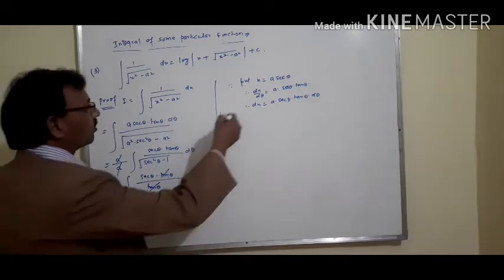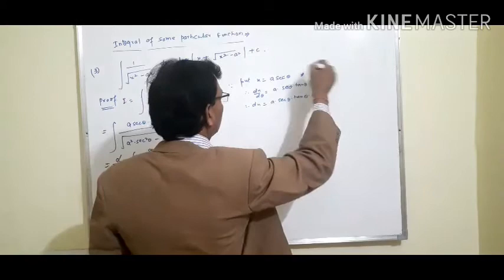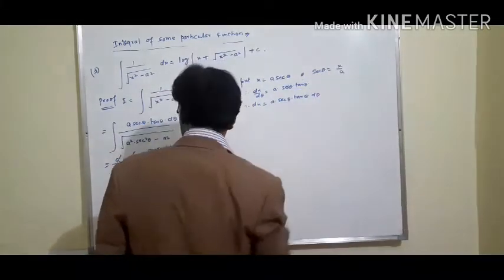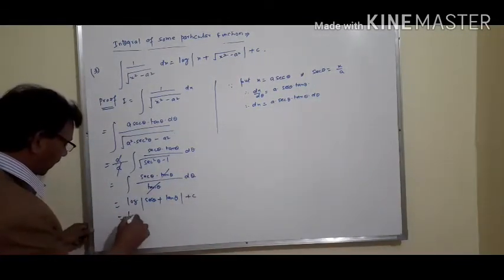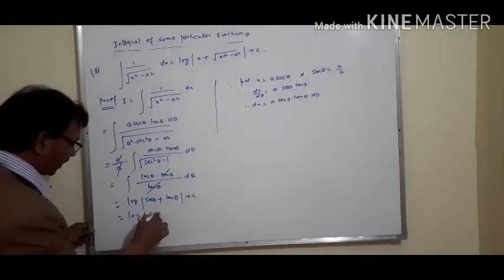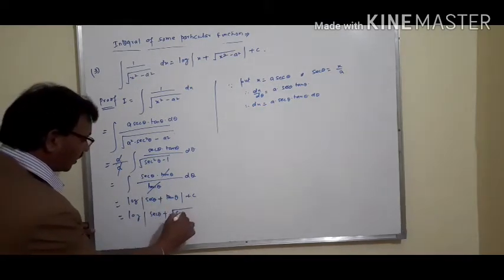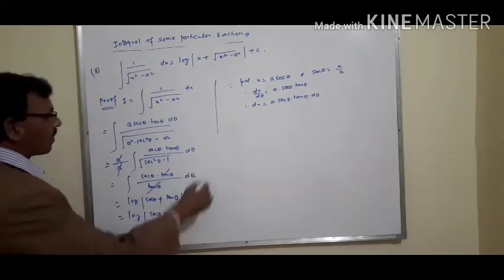Since from here sec theta equal to x upon a, we can write sec theta plus tan theta equal to sec theta plus root under sec square theta minus 1, plus c.